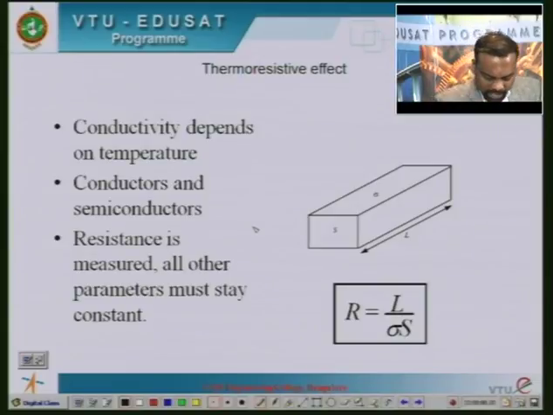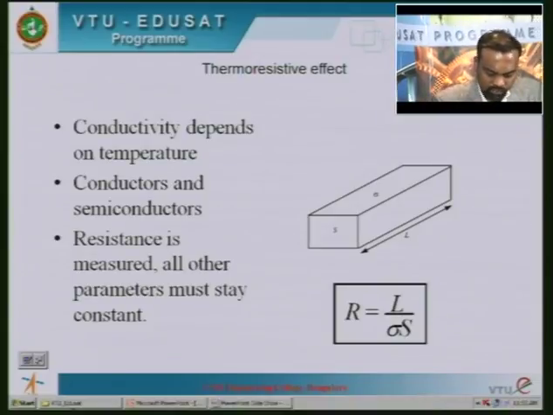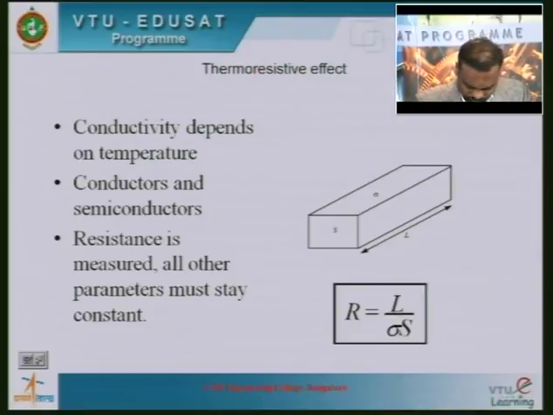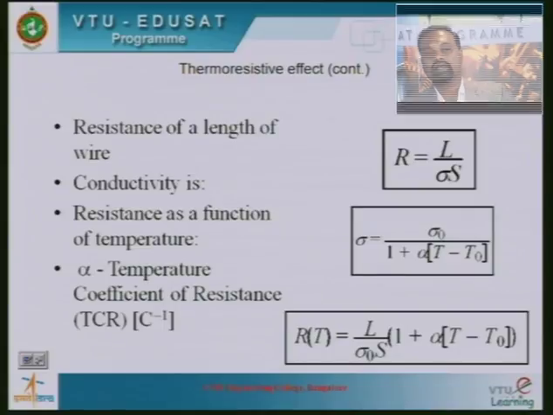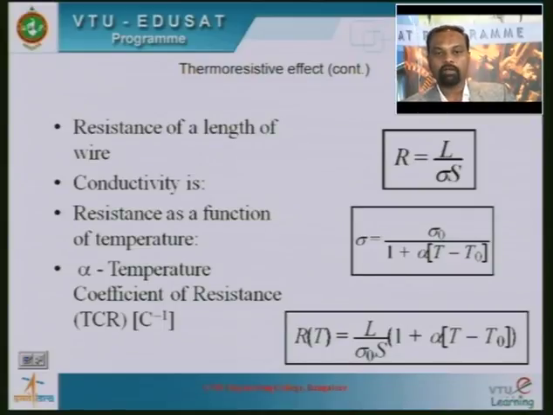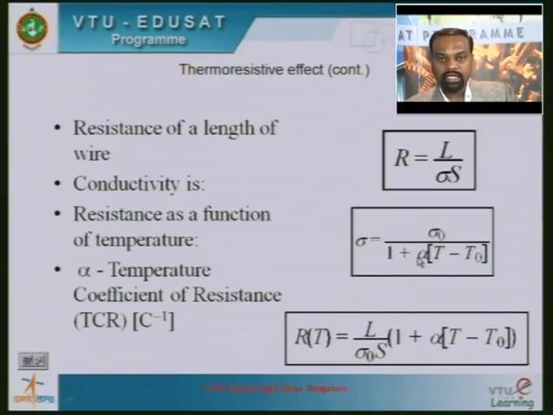The resistance can now be changed because of the following factor. We know that the conductivity of a material is given by a formula, sigma naught divided by 1 plus alpha into T minus T naught.